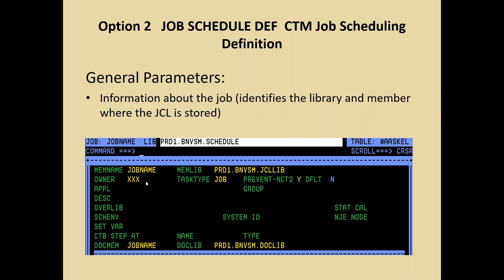If I try to submit job name 1 with my ID, the job will not be submitted or restarted in Control-M, because the owner has to give me access to submit this job. In Control-M there will be situations where a job goes into not submitted status. At that time, the first thing we check in a production support project is whether this owner has access to submit the job.